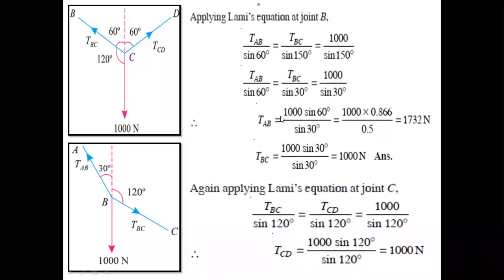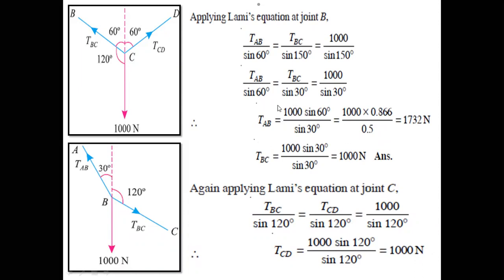If you solve the problem by using Lami's theorem, it will come like this. Applying Lami's theorem at point B, TAB divided by sine 60 degrees is equal to TBC by sine of 150 degrees, which is equal to 1000 by sine of 150 degrees.